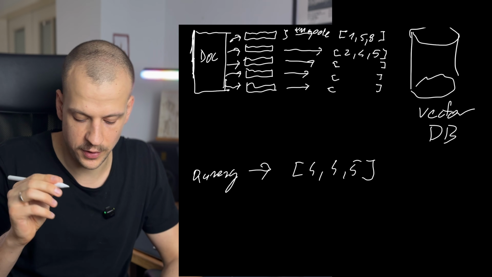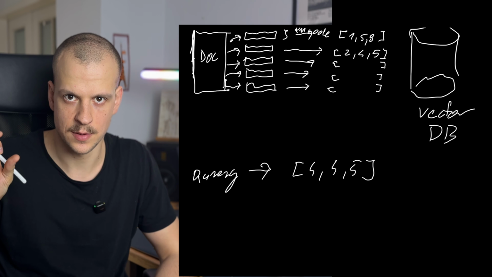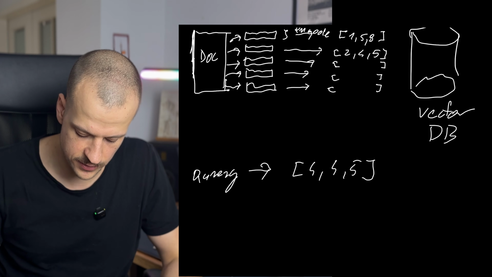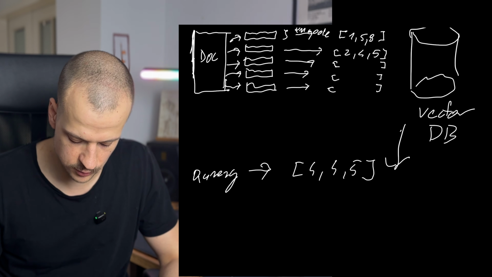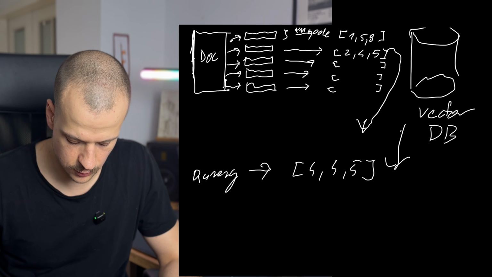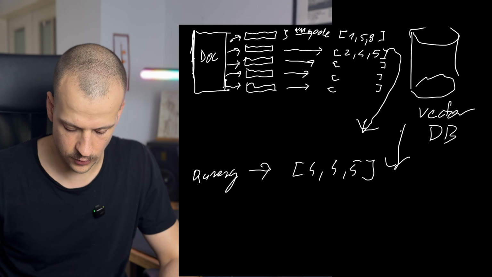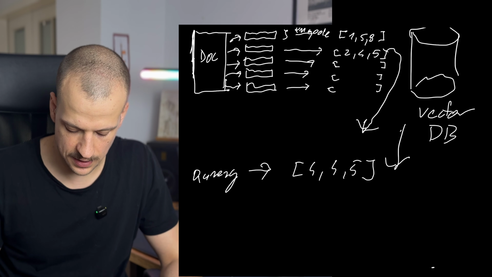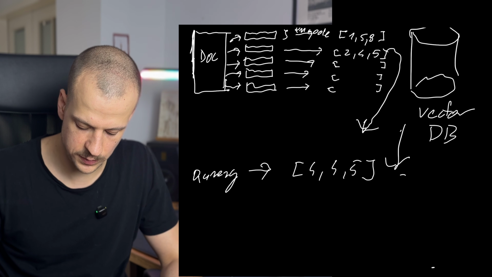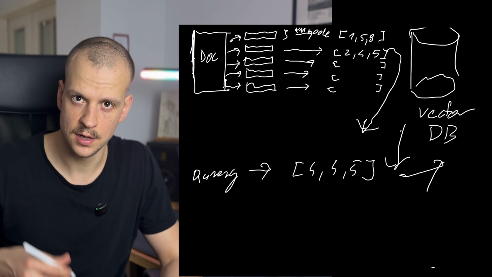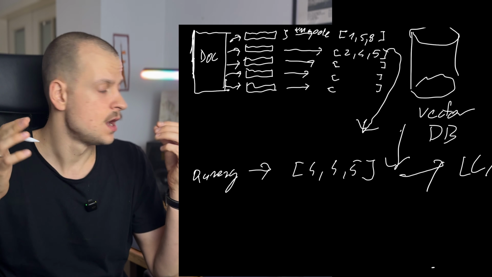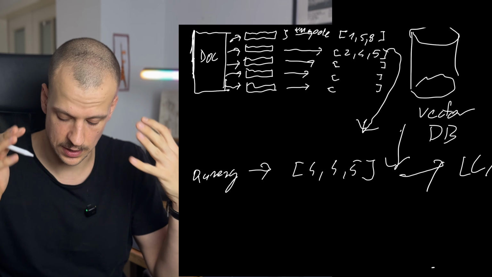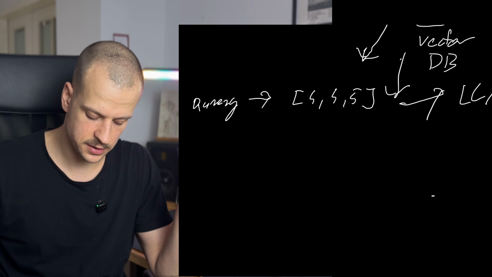And now we retrieve the nearest, the most relevant chunks out of our vector DB based on vector similarity. So in our case, we would receive this chunk because it's quite close, let's say, 4, 4, 5, and this chunk would be added to the query to our LLM. And because it has all the relevant information inside of it, it can generate the correct answer, let's say.